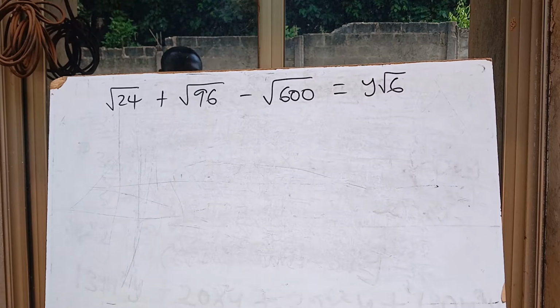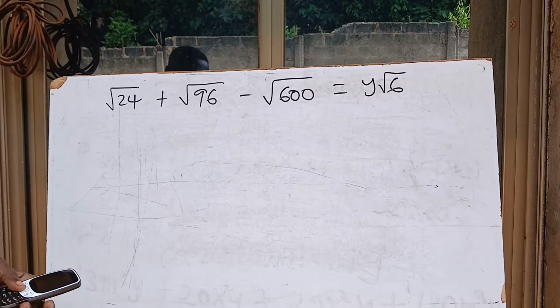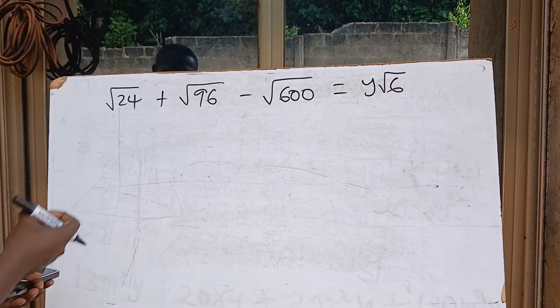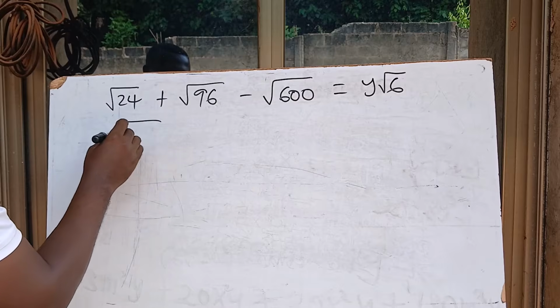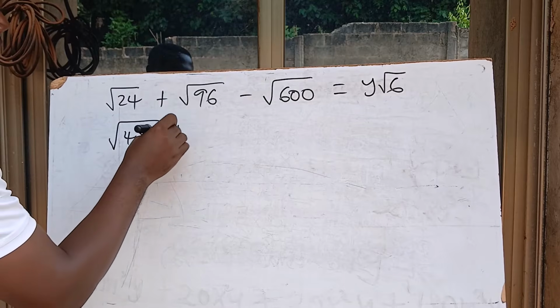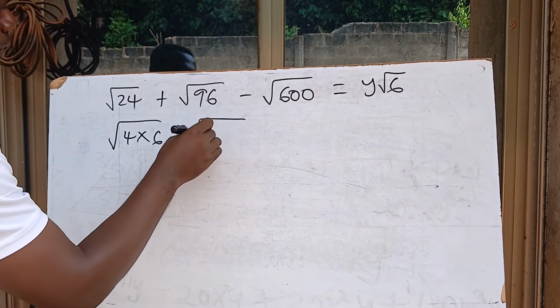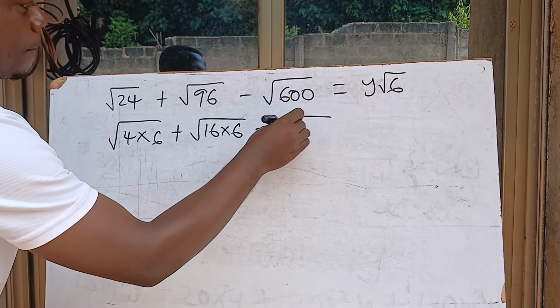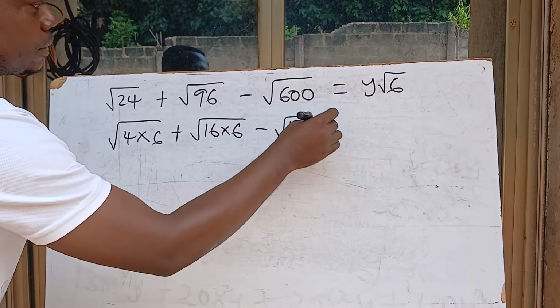This side will be 100 times 6, and then 96 is 16 times 6. So from here, I'll write this as 4 times 6 plus 16 times 6 minus 100 times 6.